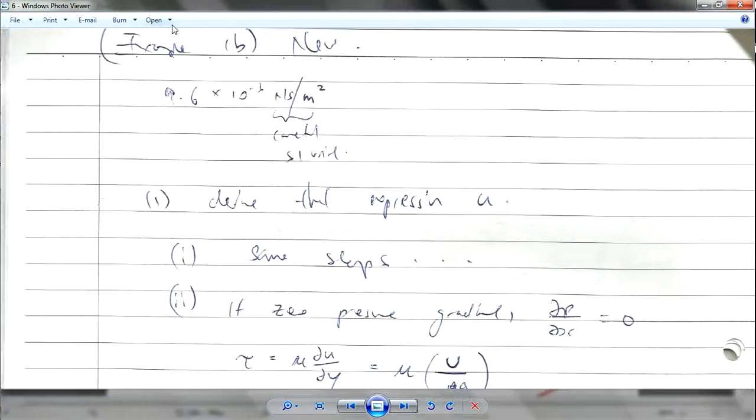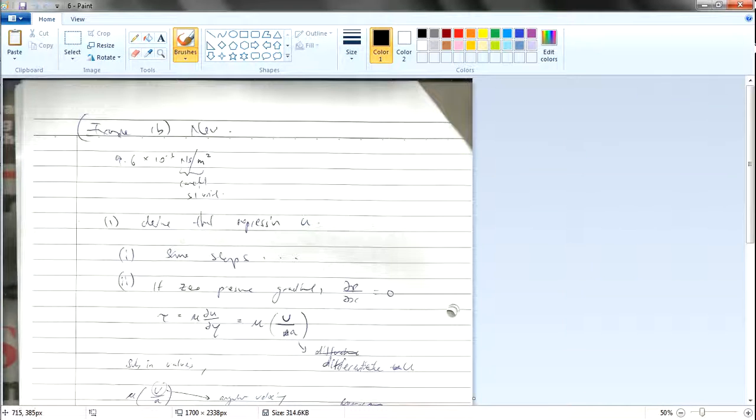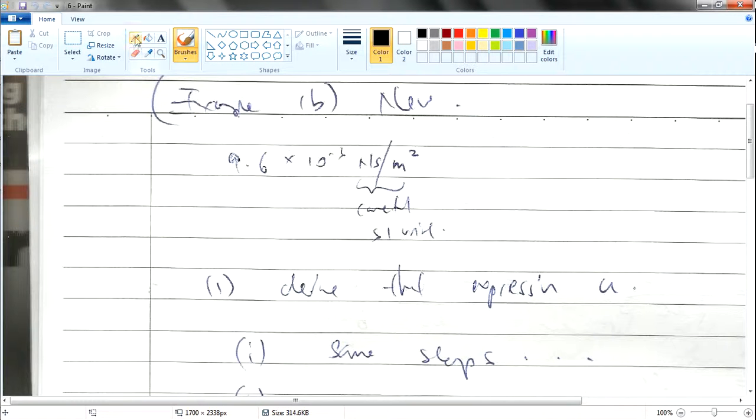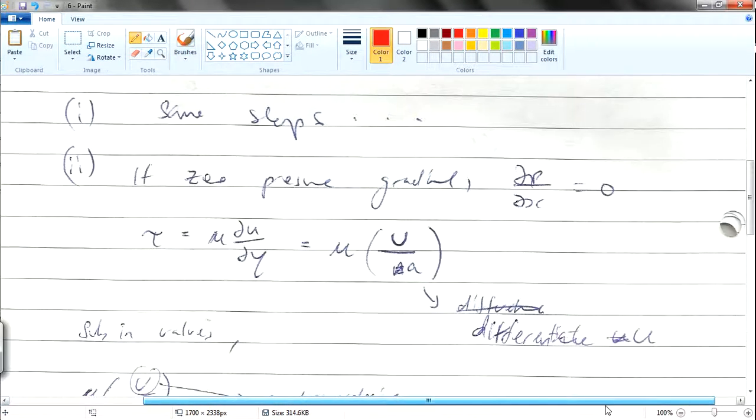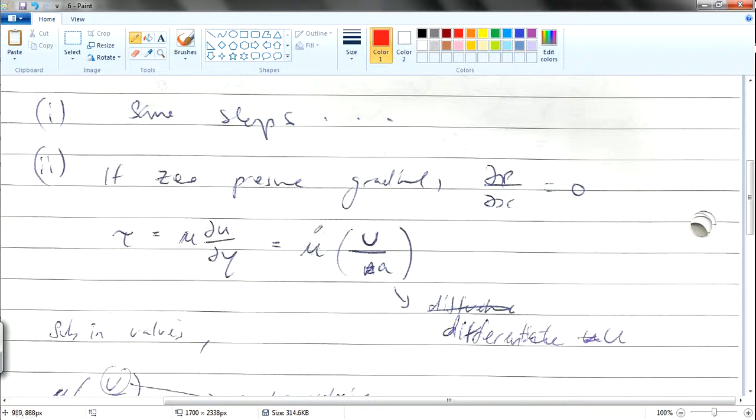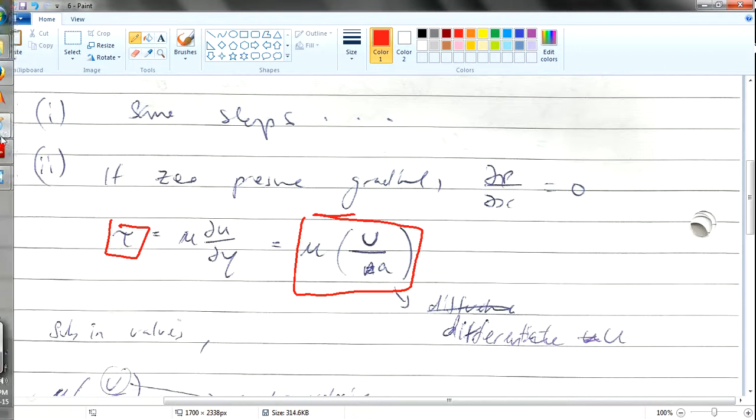Let's come to here. So this is exactly the same thing that I'm talking about. This is your viscosity. If the pressure gradient is 0, after that we prove that tau is equal to mu U over a.